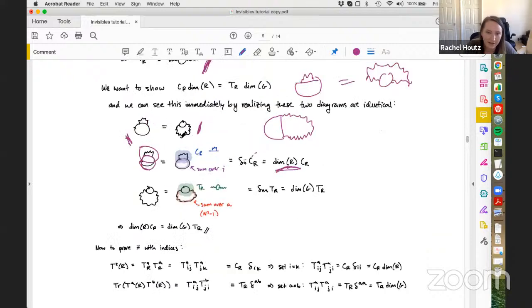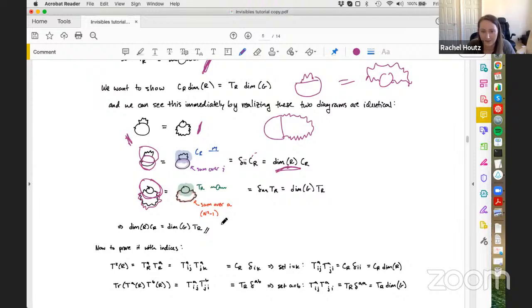And then if you look at the same diagram a different way, this little guy is T_R. And then here we sum over what's left over in the loop, which is all the gauge bosons in the loop. They're not actually gauge bosons, but analogously gauge bosons. And so this sum is how many gauge bosons, which is always N squared minus 1, because the adjoint representation always has N squared minus 1.